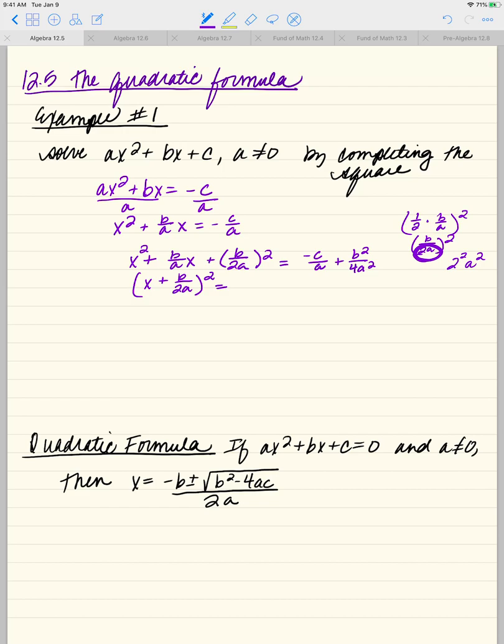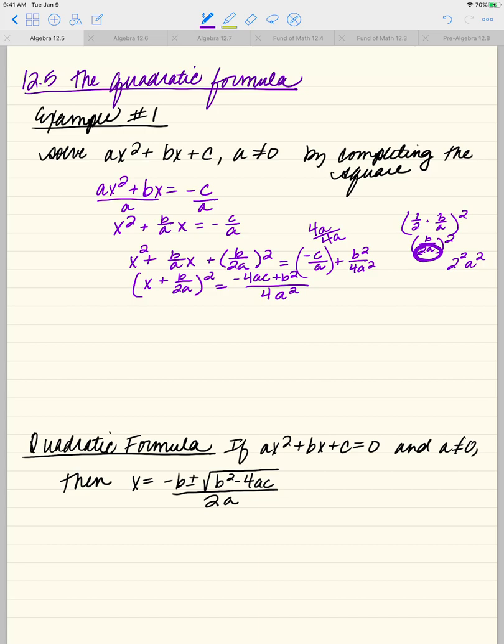Okay, that common denominator is going to be 4a squared. So I need to multiply this whole guy by 4a over 4a. So that gives me negative 4ac plus b squared over 4a squared.